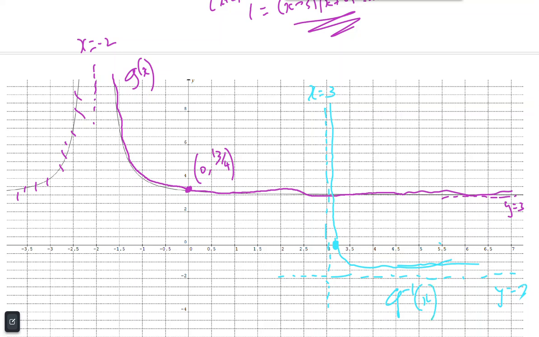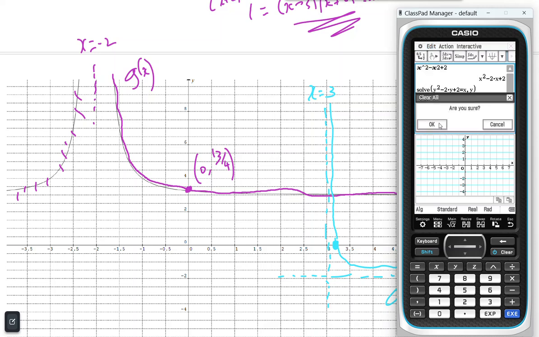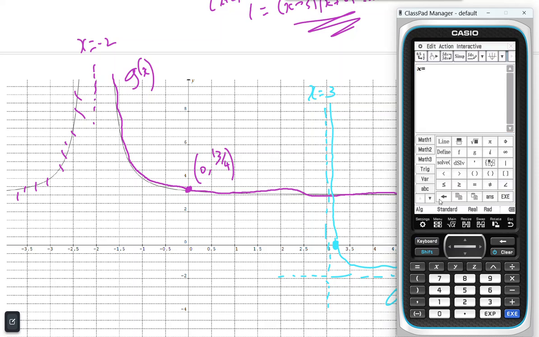And the intersection point, so if I bring up my calculator, I have x equals 1 on top of x plus 2 squared plus 3. And I wish to solve that for y.